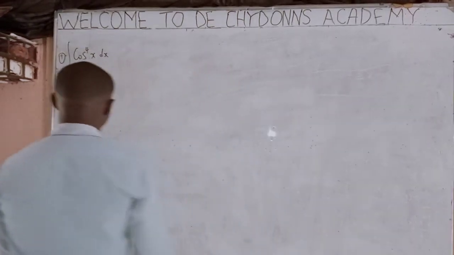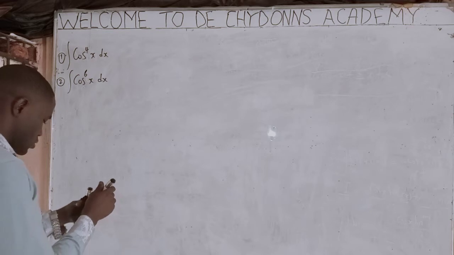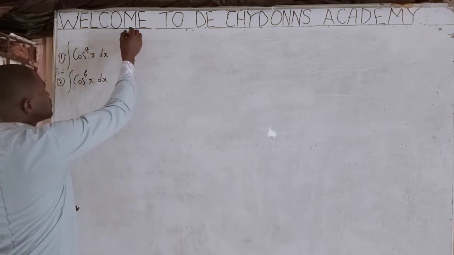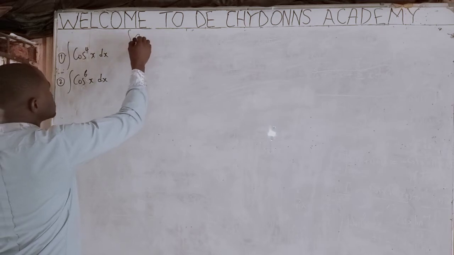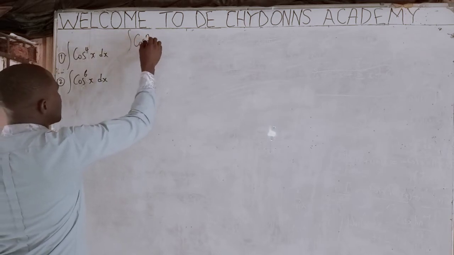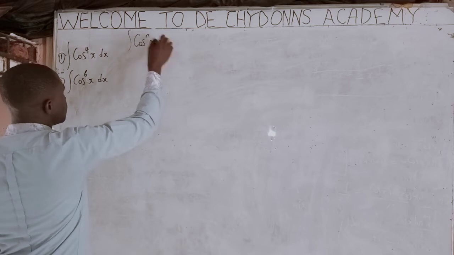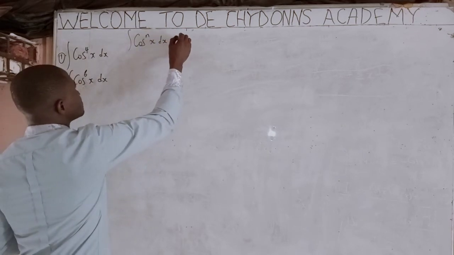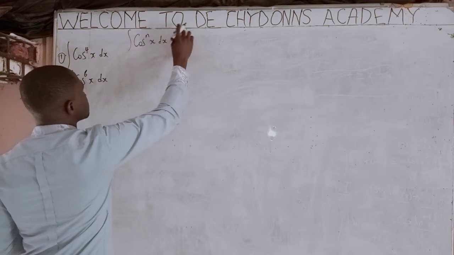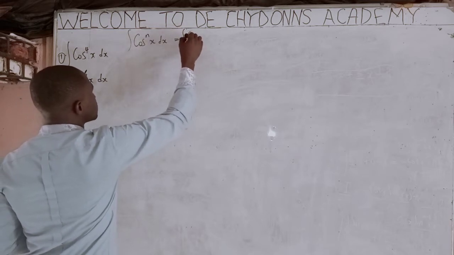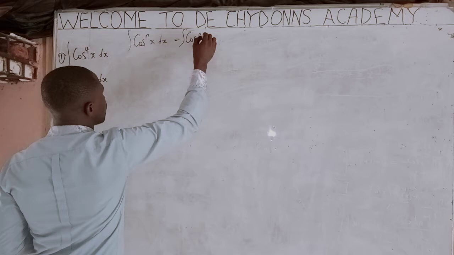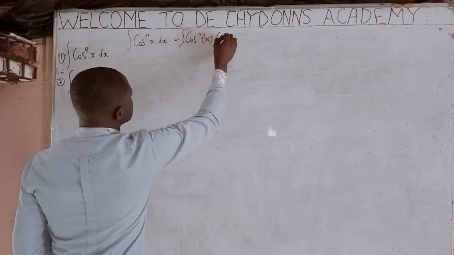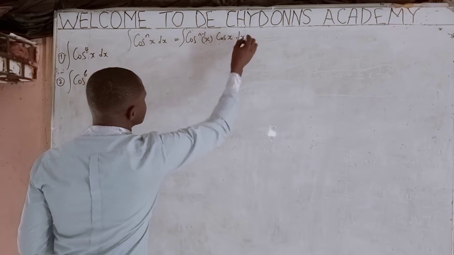So to derive the shortcut, we say integrate cos raised to power n x dx, where n means the power you are seeing. This is the same thing as integrate cos n minus 1 x, then cos x dx.